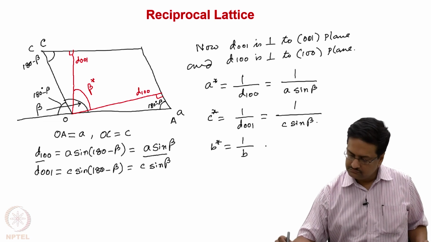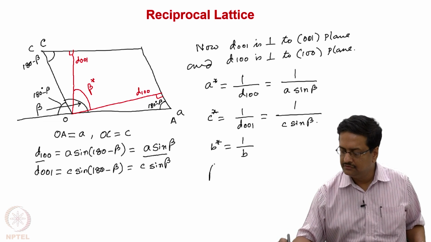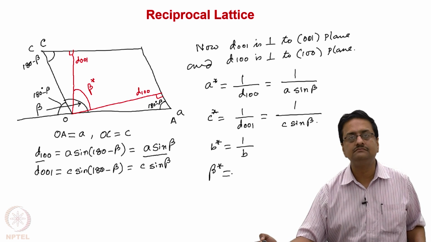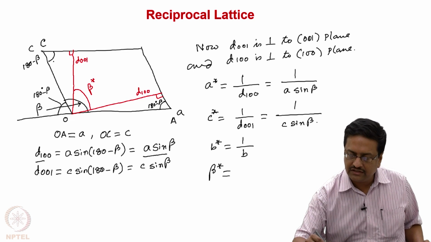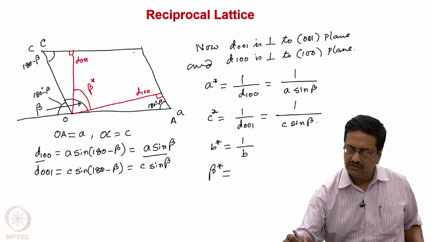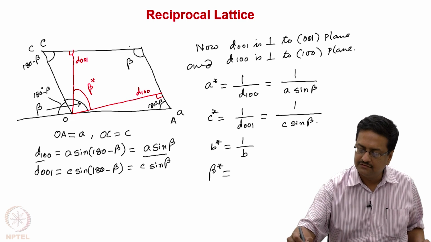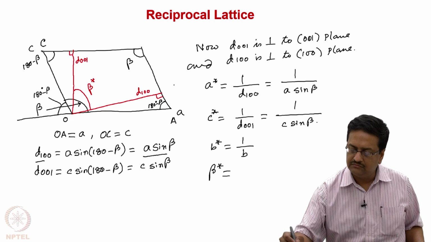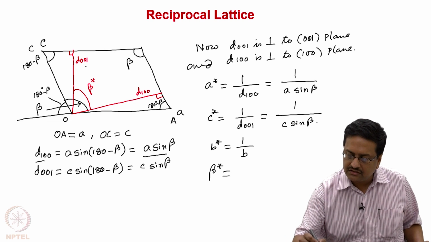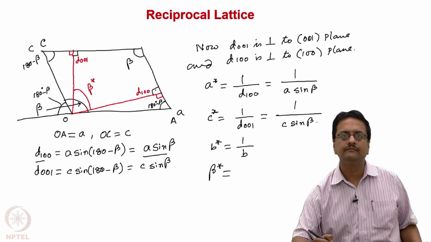So, the angle beta star is equal to, let us see that. This is 180 minus beta, this angle is then beta. In case of this figure, you have this angle as 90 degree.